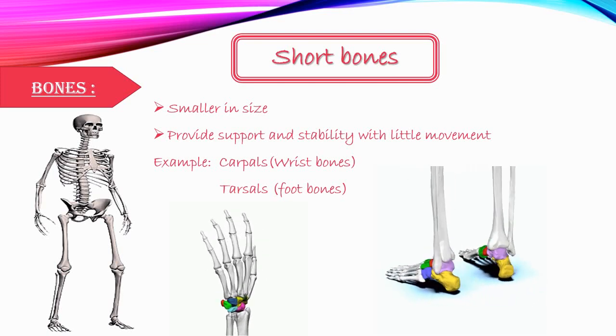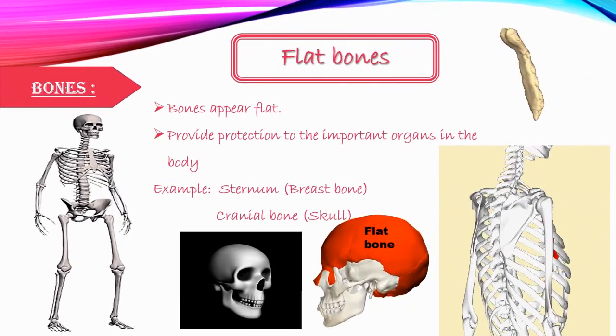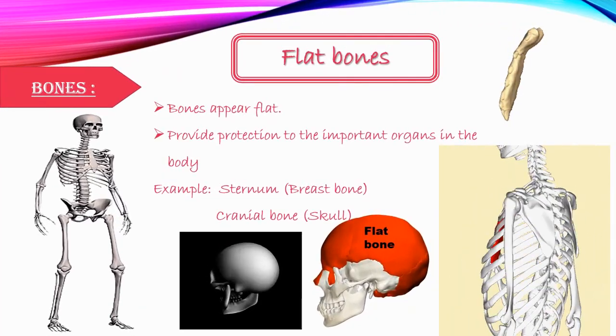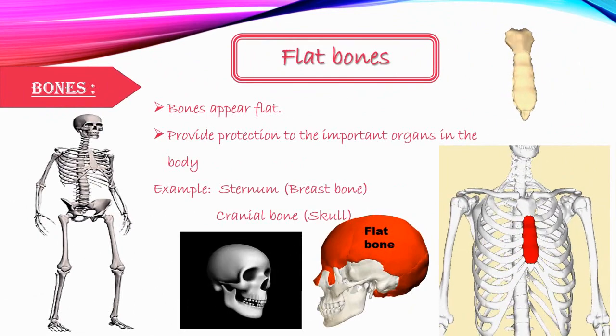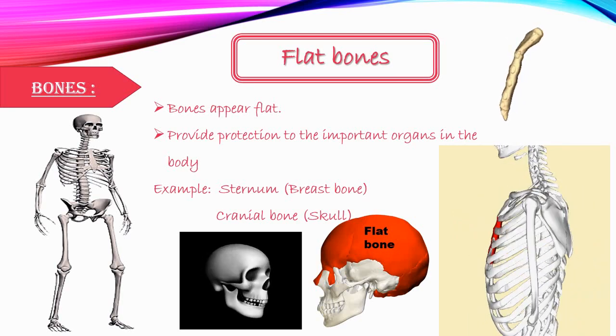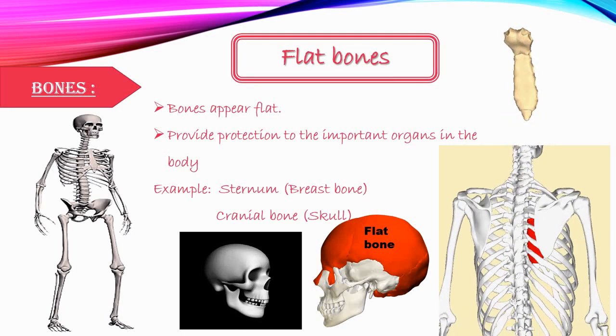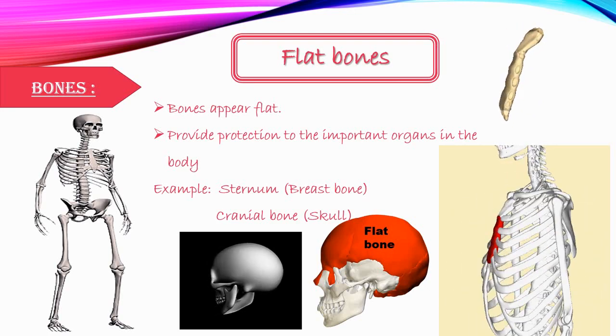Now, what are flat bones? Flat bones appear flat. Their primary function is to provide protection to the important organs in the body. For example, the sternum, that is the breastbone, and the cranial bone, that is the skull.